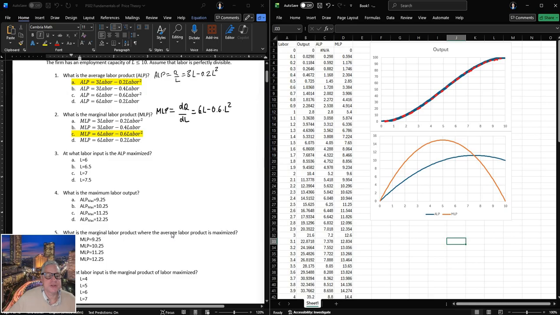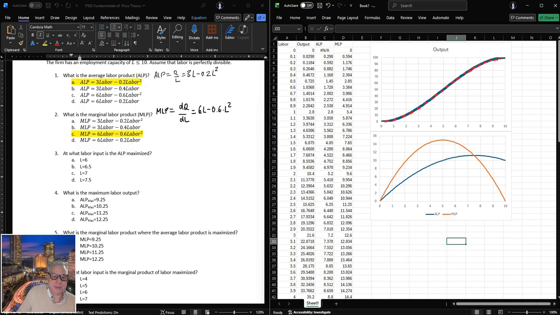Now the next question is, at what labor input is the average labor product maximized? Okay, it looks like here, and when we hover with our mouse, it looks like 7.5. Mathematically, however, we will find the point of the average labor product where the slope is 0. That will be a maximum.